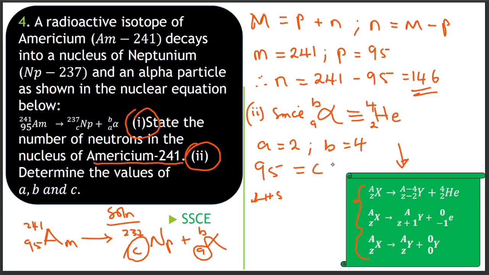So C plus A, of course, is 2. This one is the right hand side. So C will be equal to 95 minus 2, which is 93. So that's the answer.